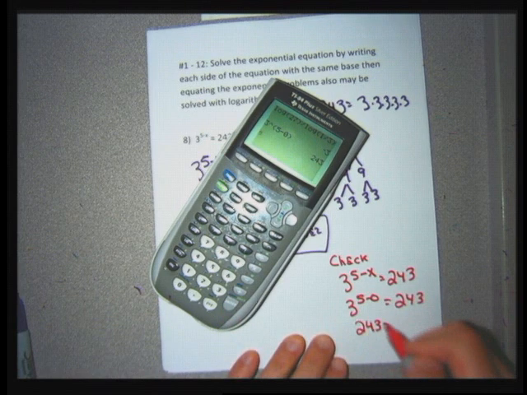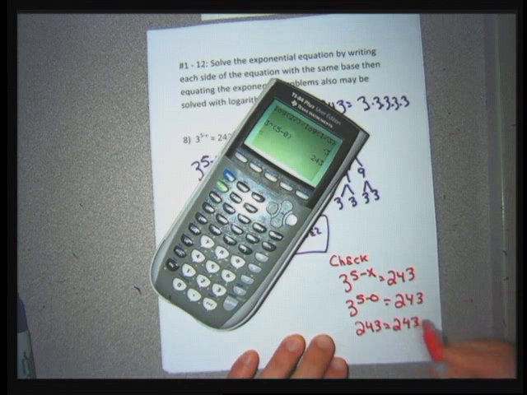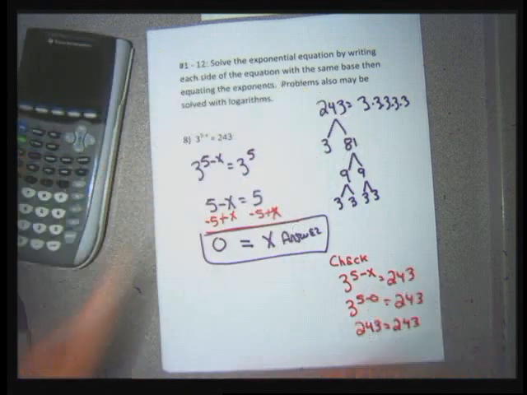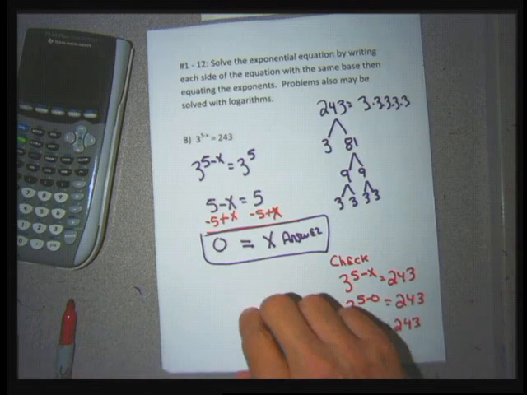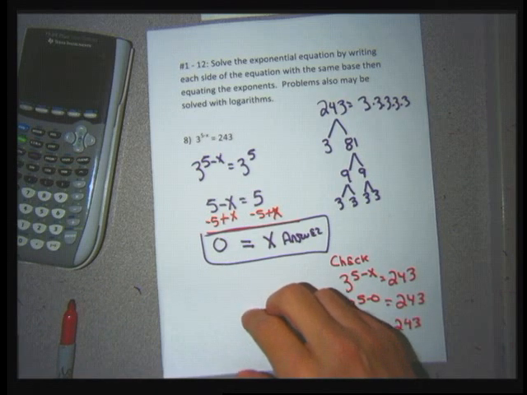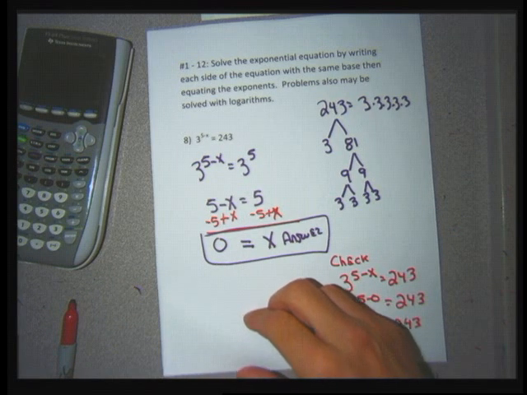If I hit enter and it didn't give me 243, then I'd have a mistake. All of the problems have solutions, so that you should always be able to get a number that checks. Could do this with logarithms, but logarithms are, we'd say it's like killing an ant with a sledgehammer, I guess, in a higher math course to use logarithms to do this.